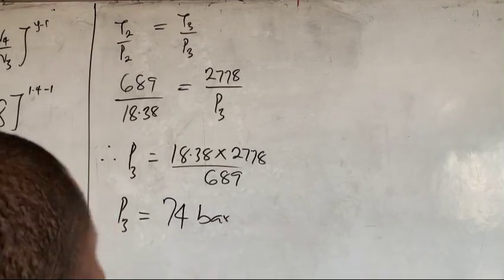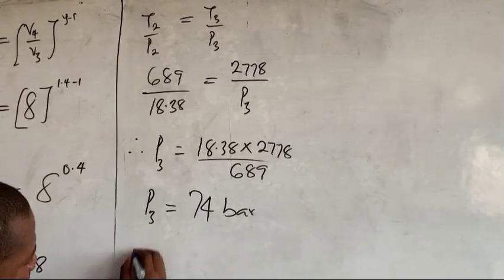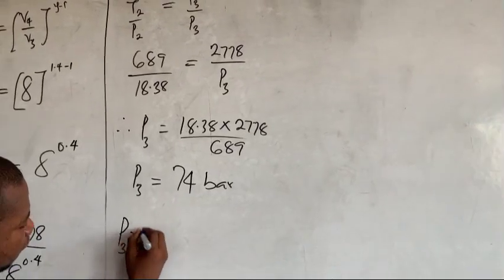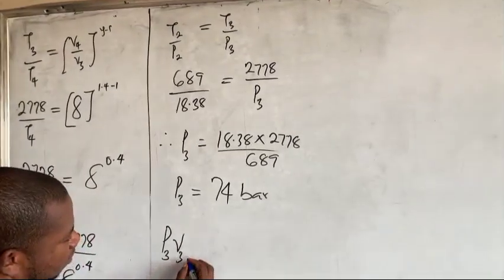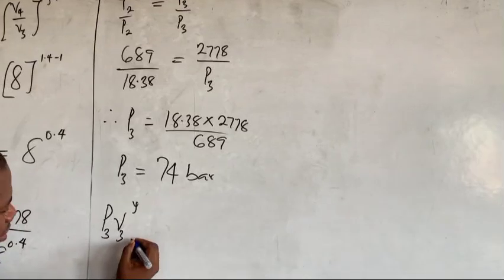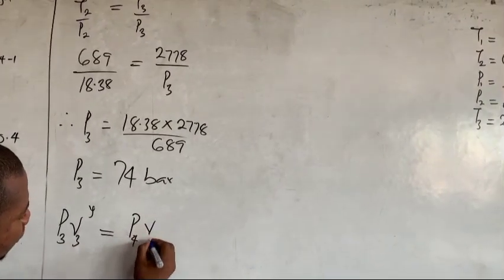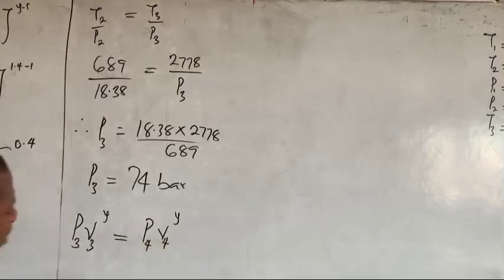Now under the adiabatic expansion process, we have that P3 V3 raised to power gamma is equal to P4 V4 raised to power gamma.